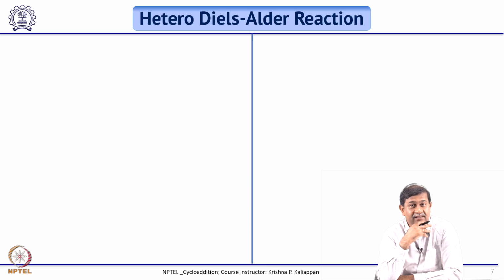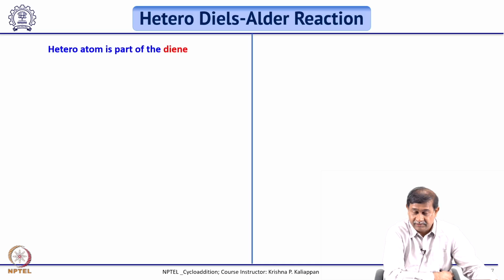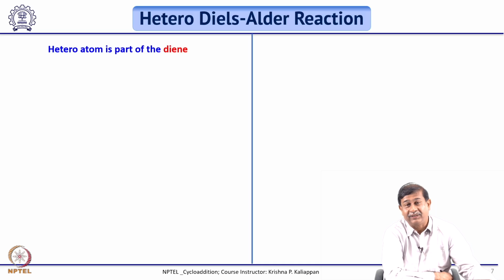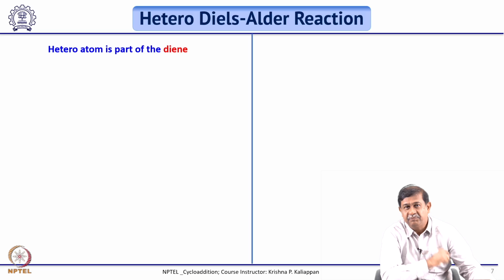So, why should Diels-Alder reaction undergo only with carbon atoms? Why not with heteroatoms? It is possible. So, there are many examples where heteroatom is part of the diene which can undergo Diels-Alder reaction. So, when you talk about hetero Diels-Alder reaction, there are 3 possibilities. One, the heteroatom is part of the diene.